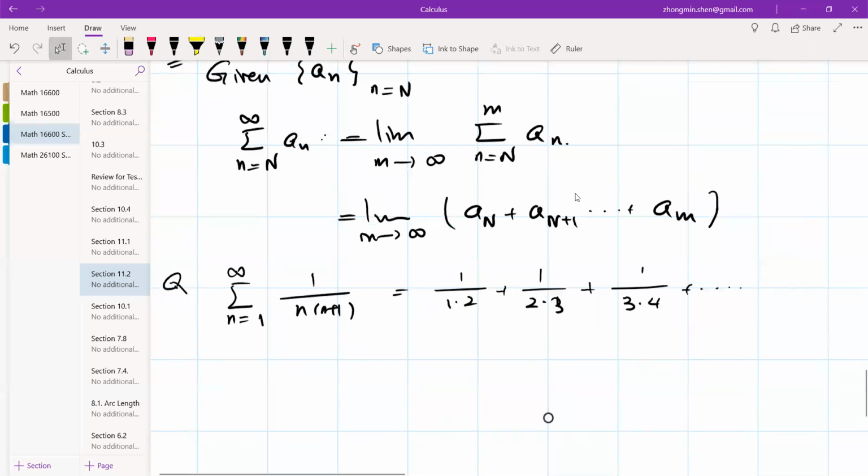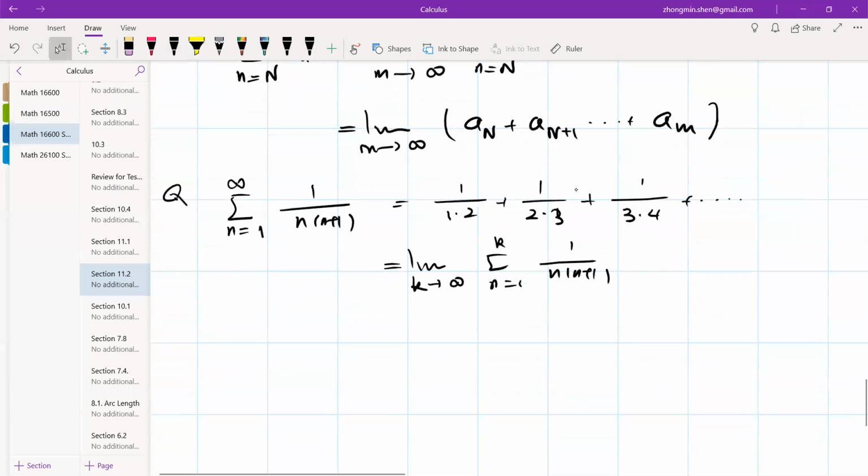So this is going to be the limit. Let's say k approaches infinity. Let's use a k, that's just notation. And the trick is I have to make sure this one is convergent.